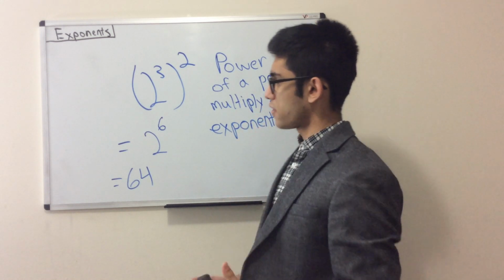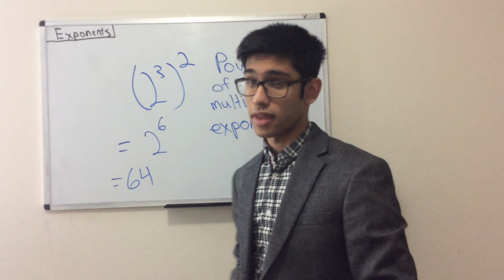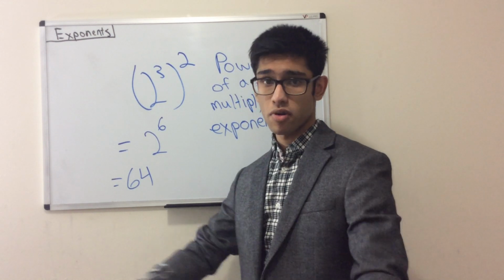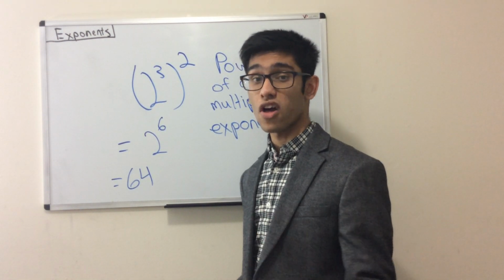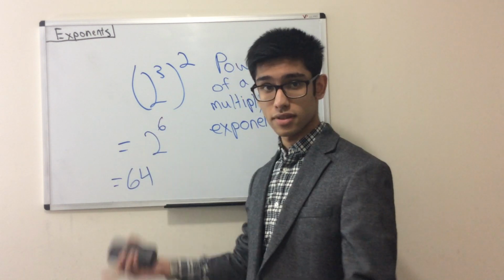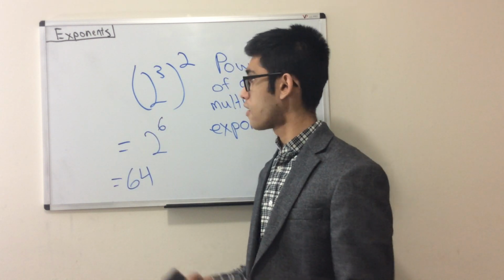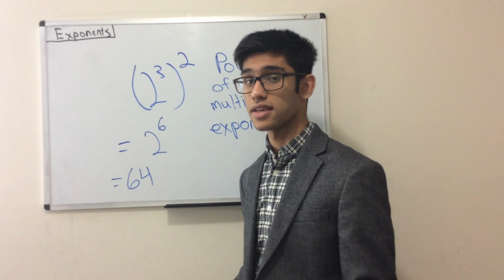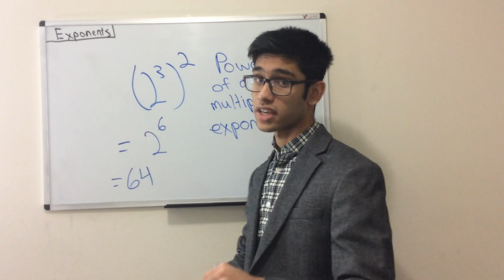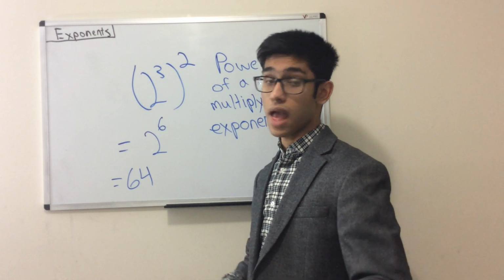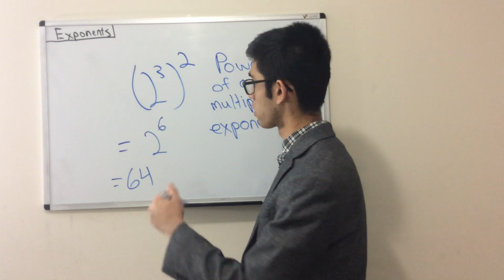So again, if I have a number inside a bracket that already has an exponent on it, so 2 to the power of 3 in this case, and there's an exponent on the outside as well, which in this case was a power of 2, all I have to do with the exponents is multiply them. So notice that this is an exponent of an exponent, so I multiply. You don't add them in this case because it's a power of a power.